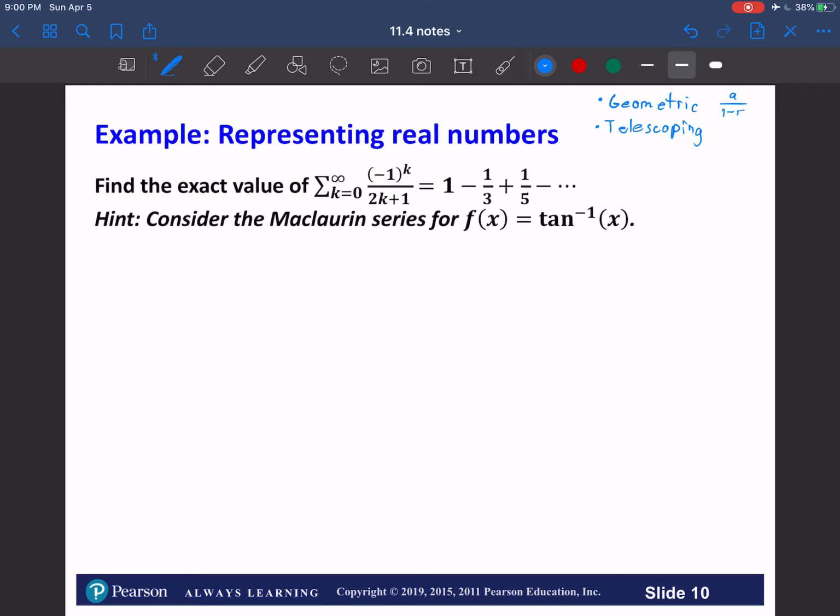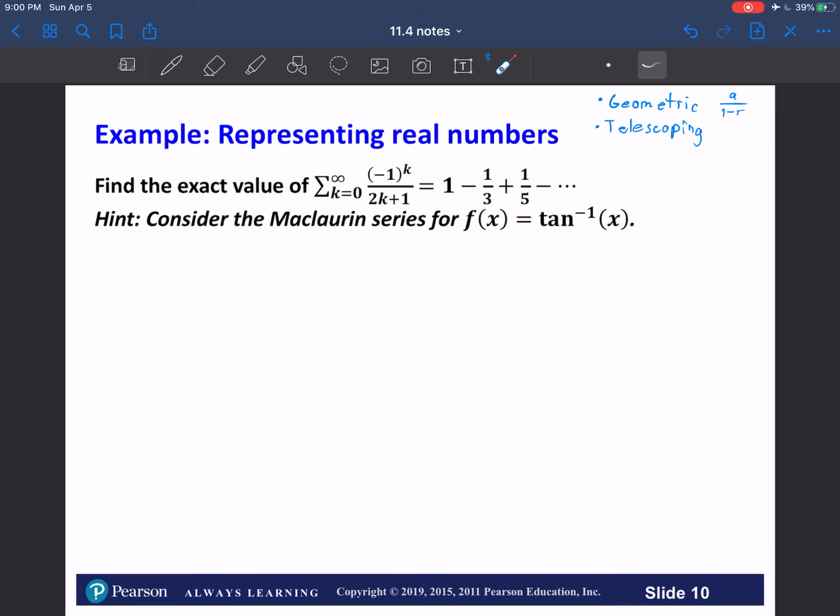But what I'm telling you now is that there is another clever technique that we can use to calculate exactly series like this. And the idea is to use Taylor and Maclaurin series in order to evaluate these. So the hint here is to consider the Maclaurin series for the inverse tangent of x.